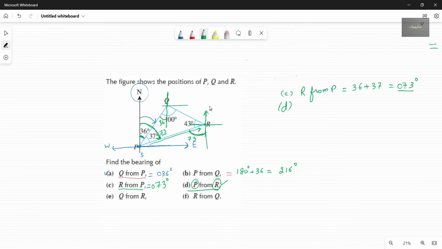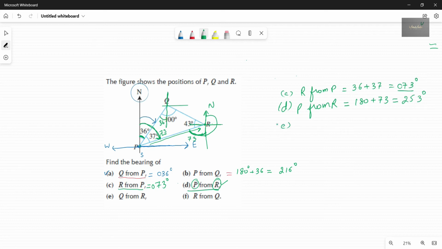Here at north we have 0 degrees, then it's 90, it's 180, and then plus 73. Now you got the answer. So the bearing of P from R is equal to 180 plus 73. 73 was shifted from the previous answer, so it will be 253, right? So that's how we find the reverse bearing.